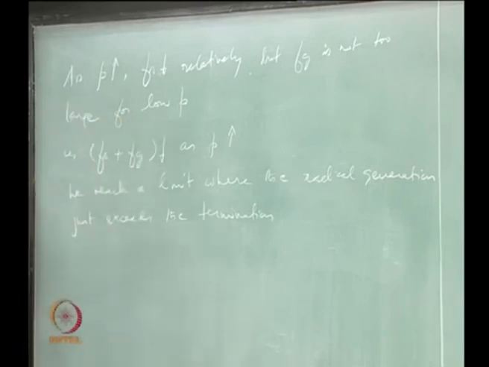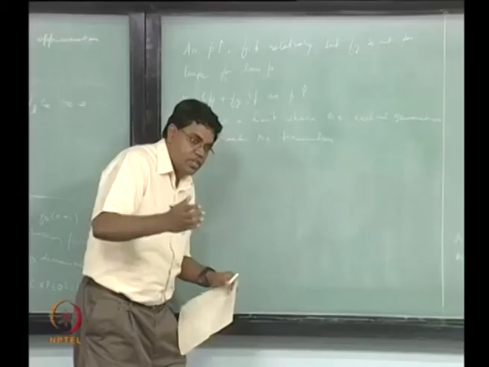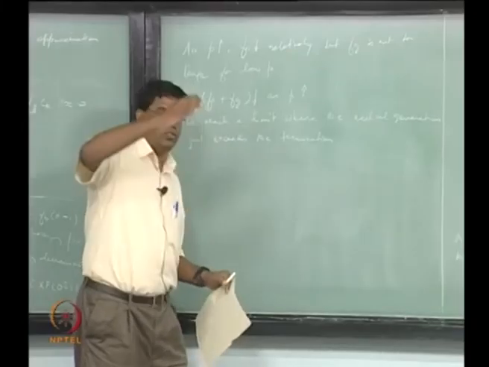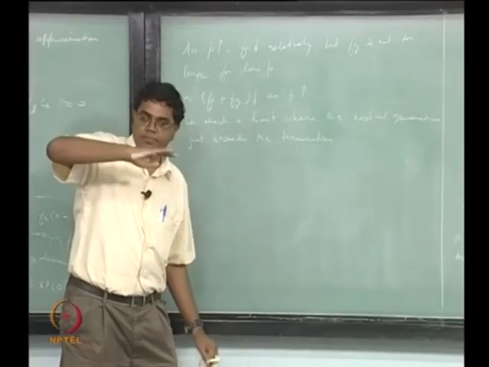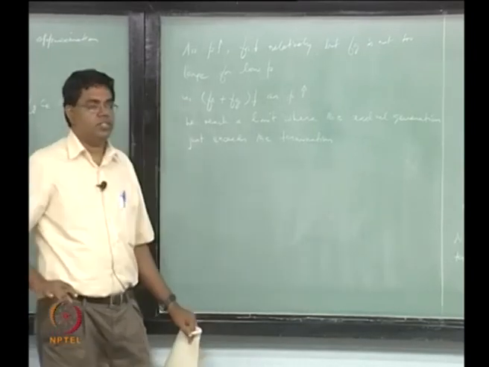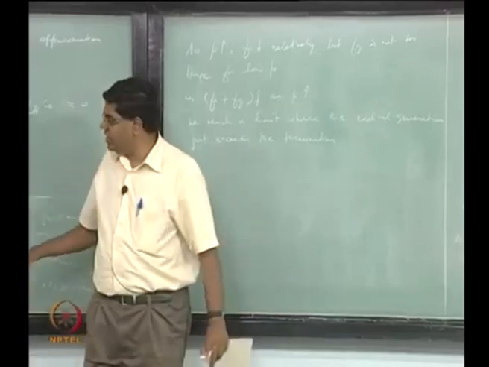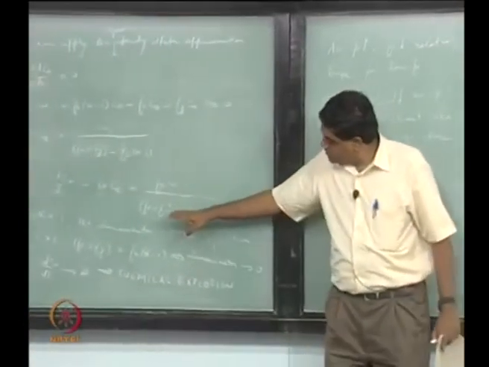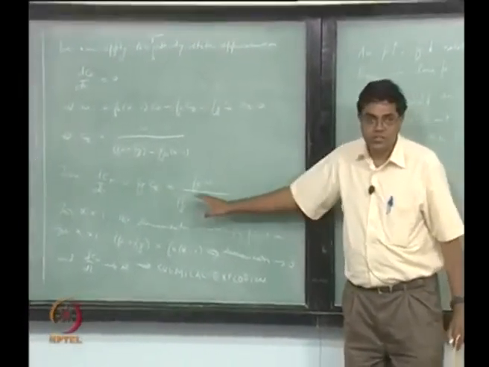So the termination is coming down but the generation is going up, and therefore you reach a point where the generation just exceeds the termination, meaning this is just beginning to equal that.